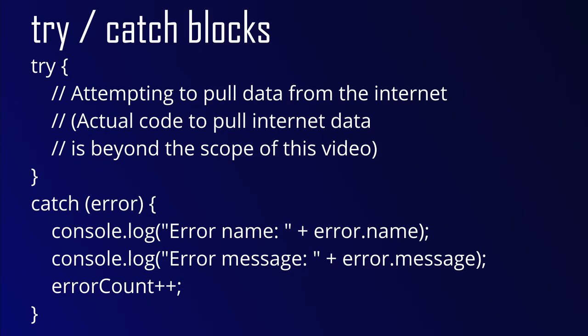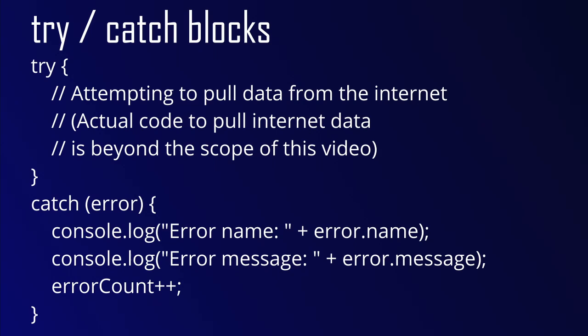As much as we would like to avoid errors in our code entirely, there are many situations where that simply isn't possible due to factors outside of our control, such as the user's internet going out or a company's server going down, among many other things. This is where try-catch blocks come in.